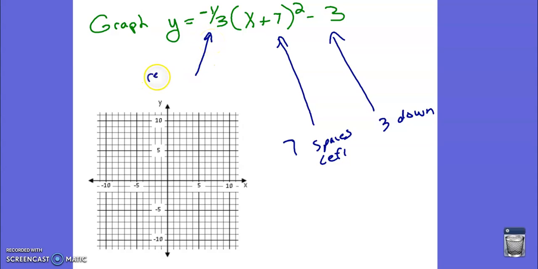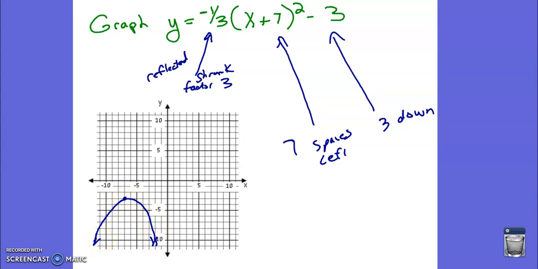One, it's reflected, the negative does that, and then it's being shrunk by a factor of 3, or 1/3 of its size. So if we go 7 spaces to the left, and then 3 spaces down, the vertex is right there, it's going to go down, and it's going to be a wider graph. So it's going to look something like that.